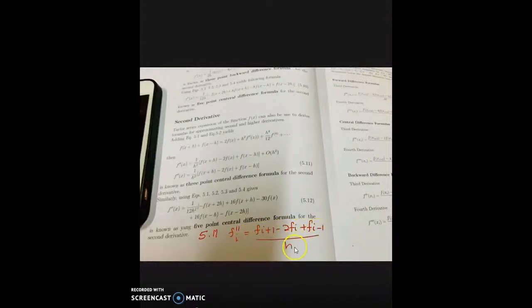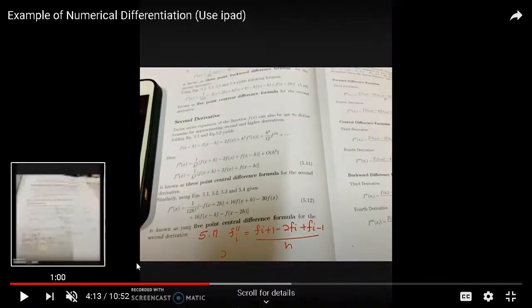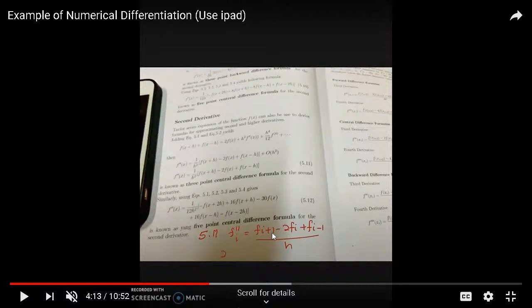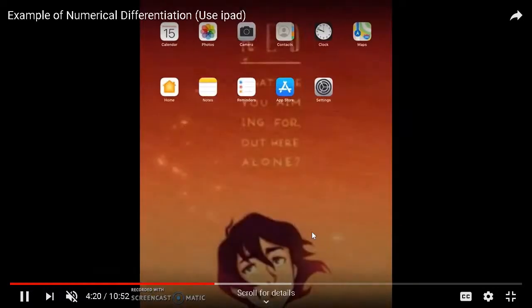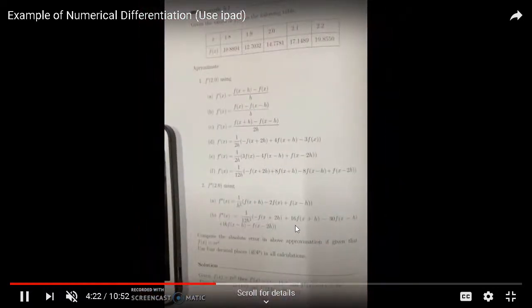Apply all the formulas and you can get the second order derivative: f(i+1) minus 2f(i) plus f(i-1). Very simple. Now let's go to the example.